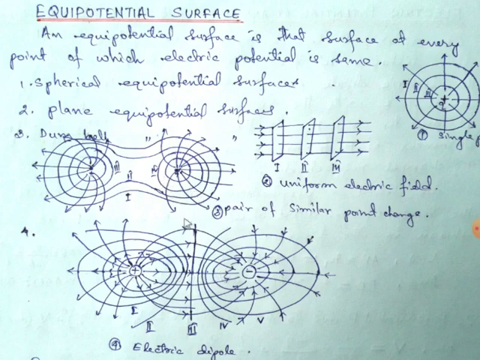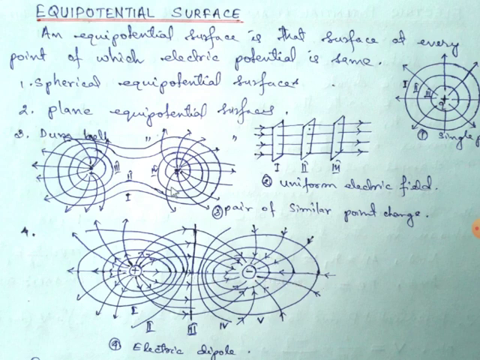So what is the difference between these two, that means for similar point charges and dissimilar point charges? In the case of dissimilar point charges, your equipotential surfaces will be very close or crowded in between the two charges. Then somewhere at the farther point, you will see that equipotential surfaces are becoming closer and closer, right? But somewhere away from them, these equipotential surfaces are farther away, right?